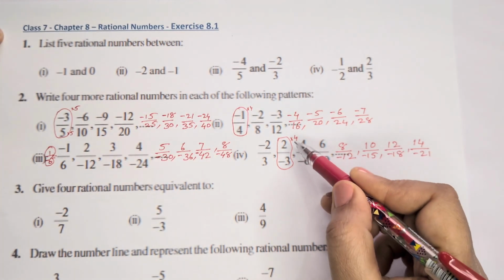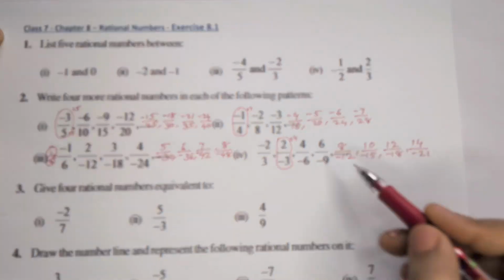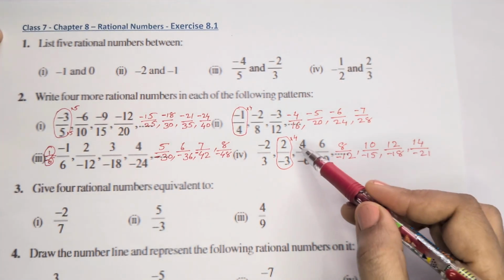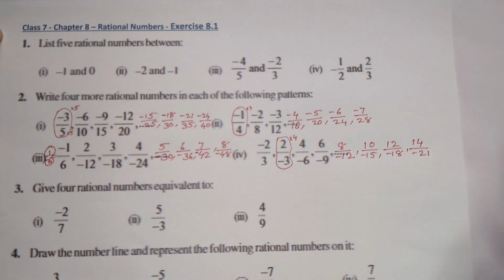So find the smallest term and then multiply by the remaining, continuing that pattern by 4, 5, 6, 7.